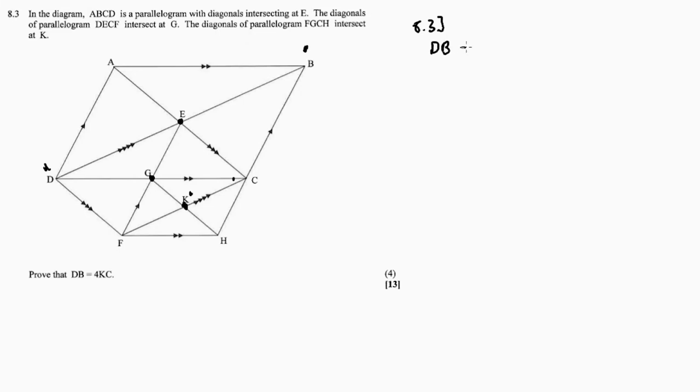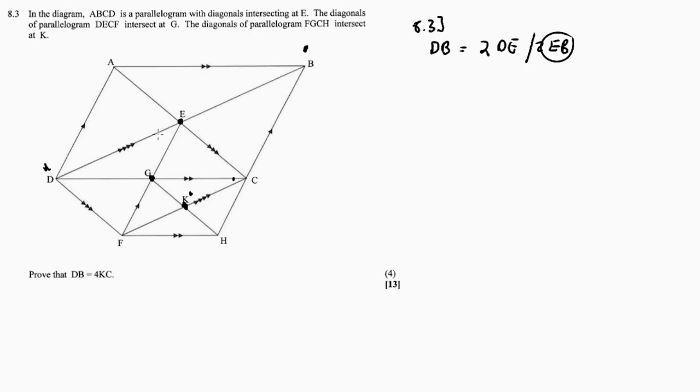So it means that DB will be equal to 2 times DE, or 2 times EB. But EB will not help us. Why do I say so? I want to find a link between KC as well as DB.